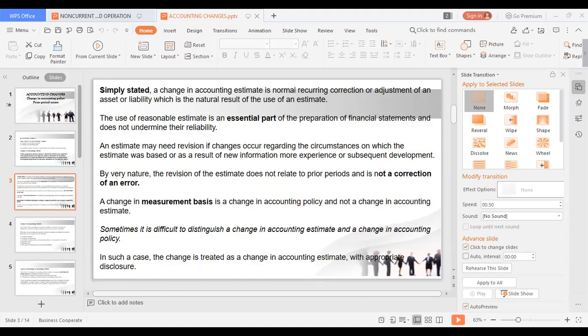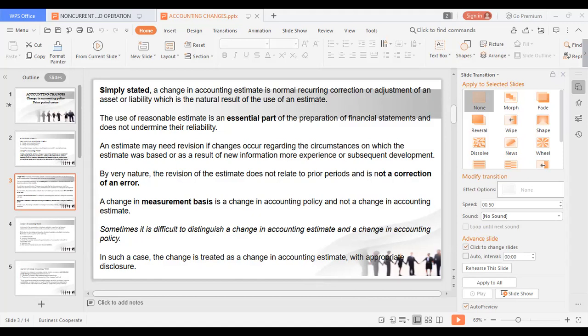So meaning it reduces the life of the building, and it's not 15 years because on January 1, 2020, after 3 years, the remaining life is only 10 years.